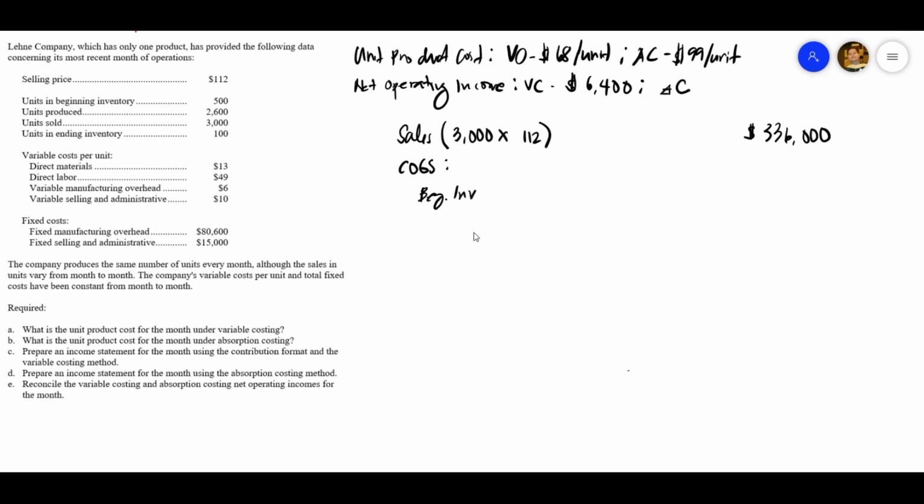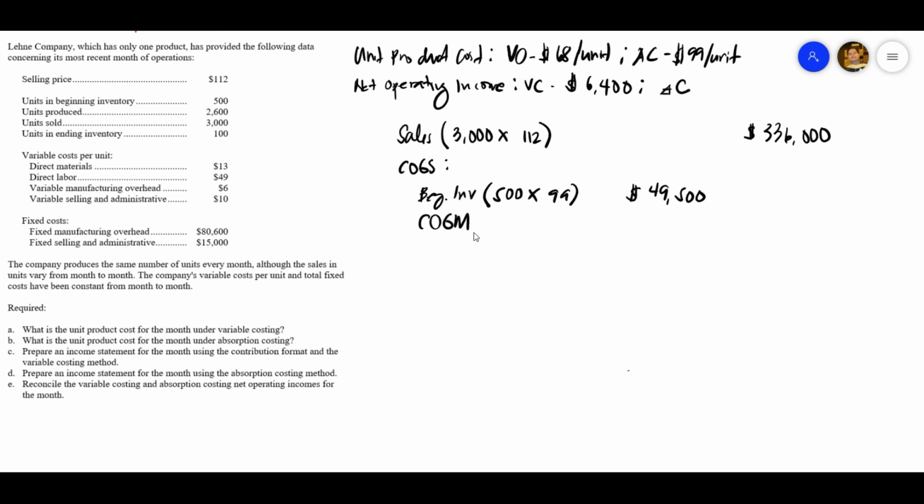Your beginning inventory here is computed as 500 units multiplied by the unit product cost of 99, and it will give us a value of 49,500. Okay, and then we now compute for your cost of goods manufactured. So how do we compute for cost of goods manufactured?